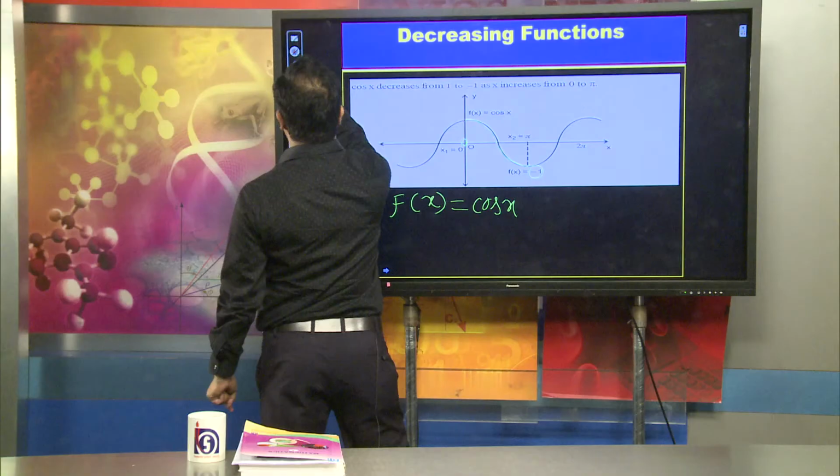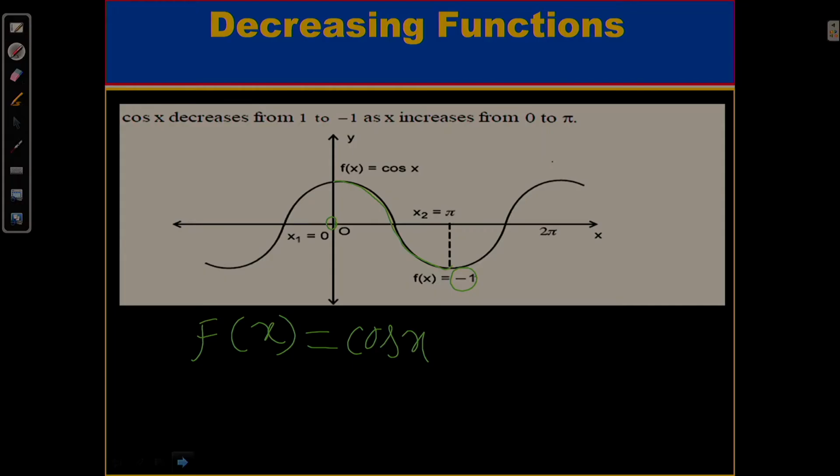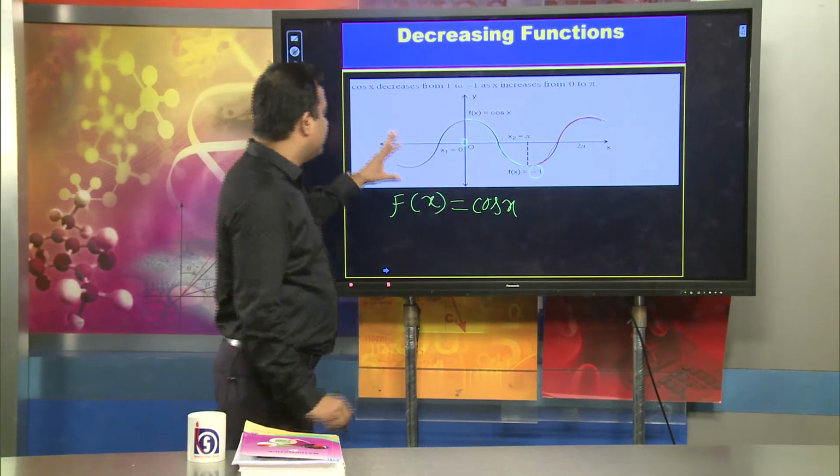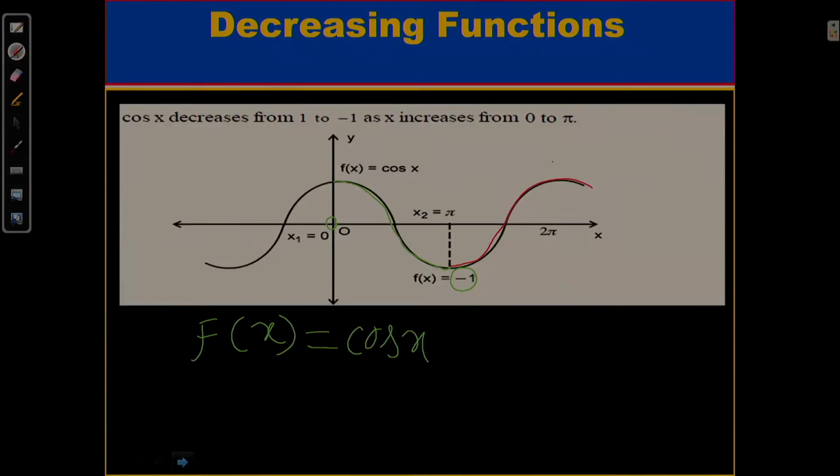From this point, from minus 1 at the value of pi, it starts increasing again. So I can say that the function cos x, for x from 0 to pi, that is from the value 1 to minus 1, is decreasing. I can say this is a decreasing function.